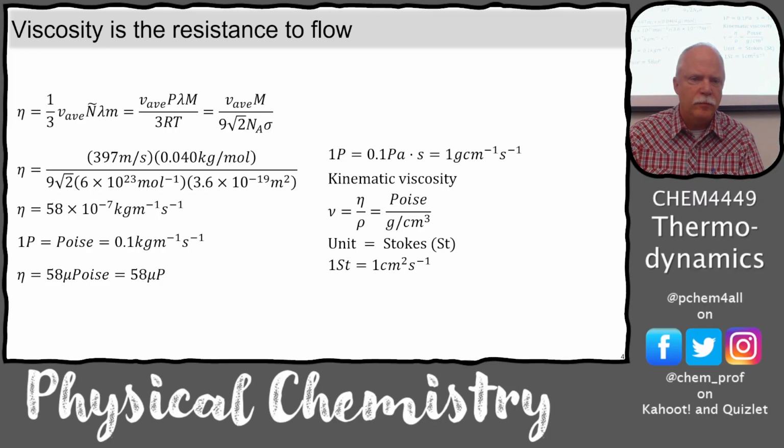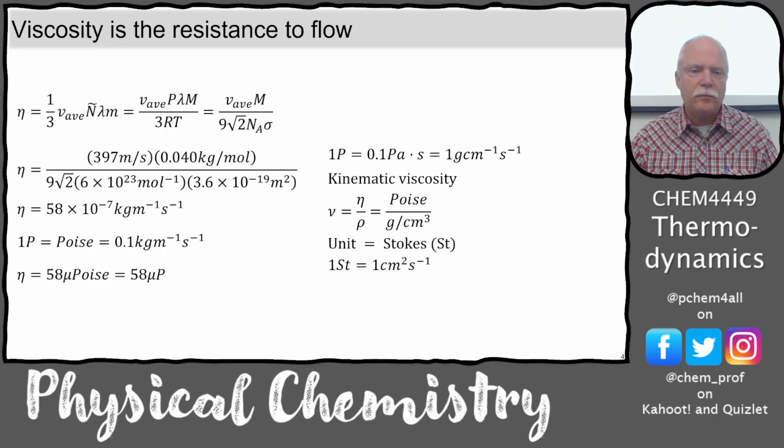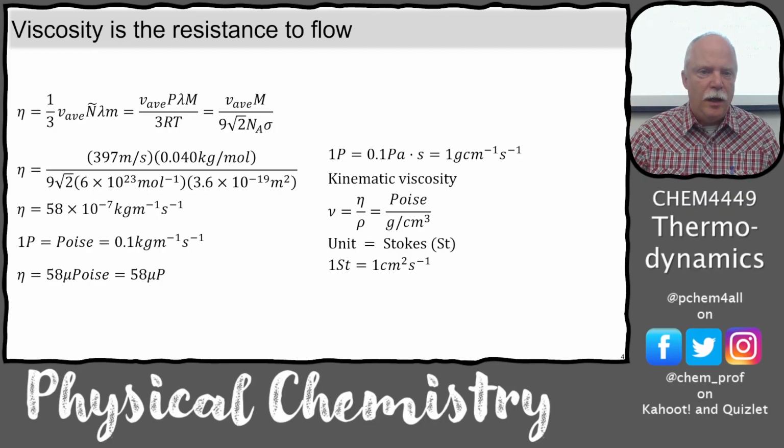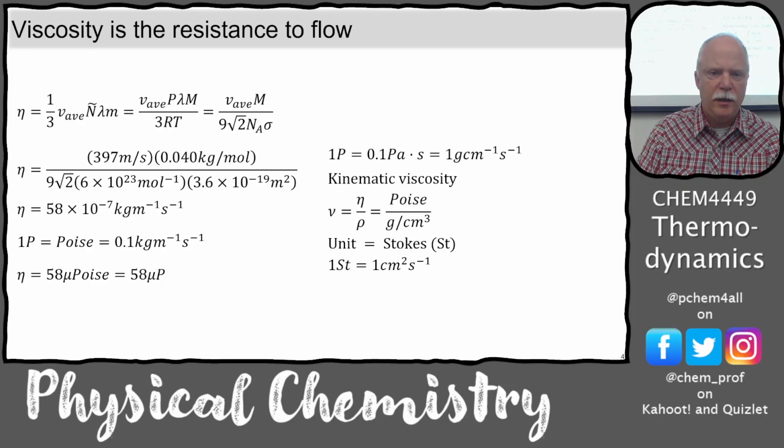And so here it looks like a direct dependence on mass, but also mass is in the velocity. Okay, so we've got a couple of mass dependencies. And so let's break that into the pieces. Okay, so we've got a mass dependency here.